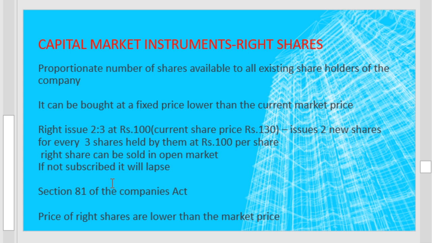According to Section 81 of the Companies Act, a public limited company that proposes to increase its subscribed capital after the expiry of 2 years from the date of its incorporation, or after the expiry of 1 year from the date of the first allotment of shares after its formation, whichever is earlier, is required to offer those shares to the existing shareholders in proportion to the paid up capital as early as possible.